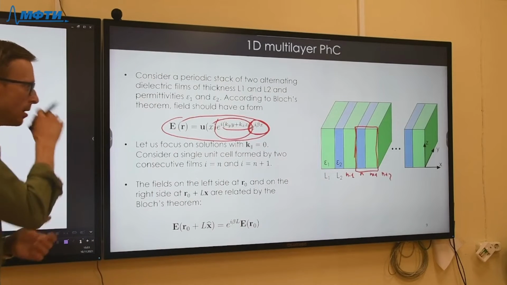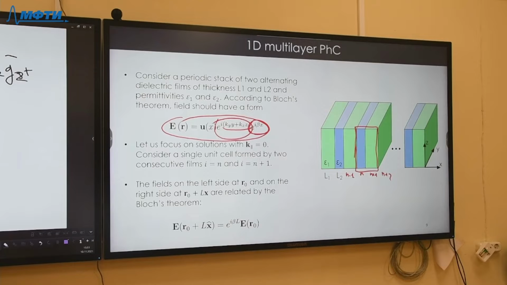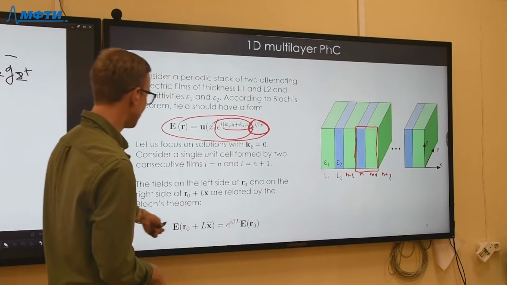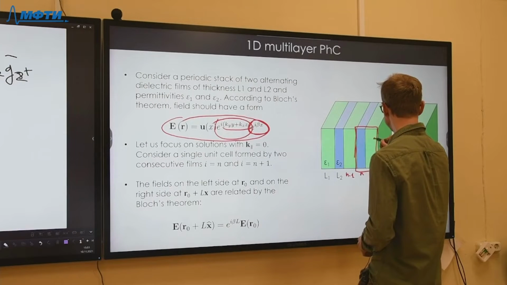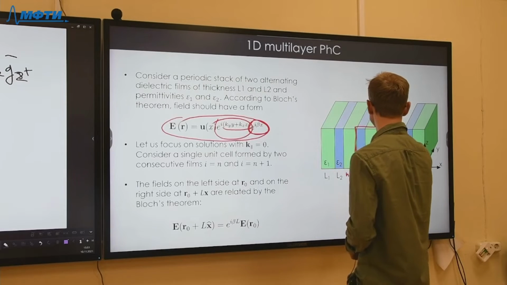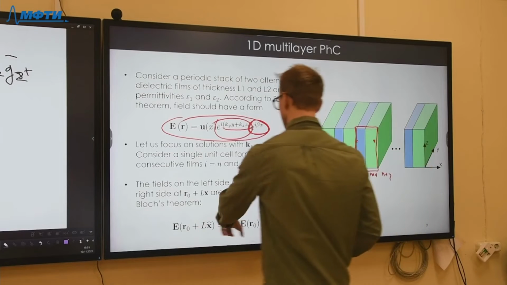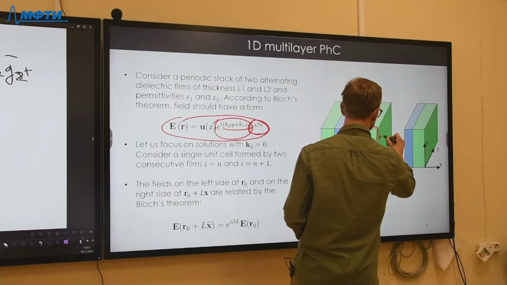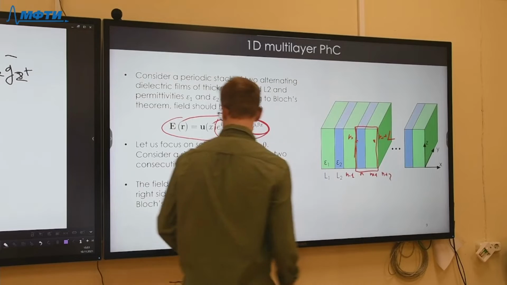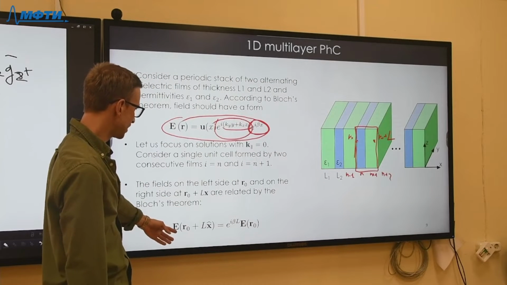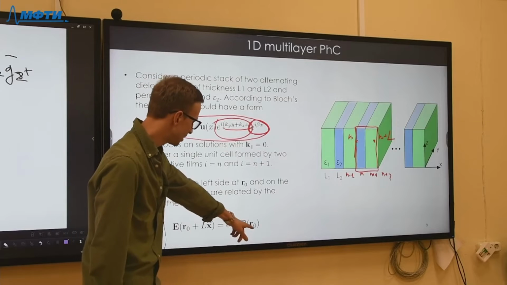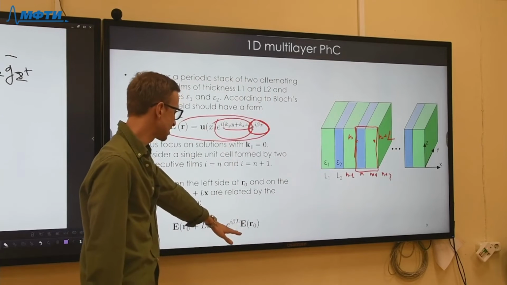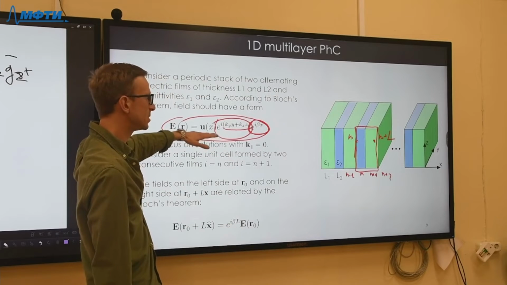Okay. So now we chose a unit cell, and we can directly apply the Bloch theorem to this unit cell. The Bloch theorem tells us that the field at this edge of the unit cell, so this is our R0, and this is R0 plus L, the electric field at that point is the electric field at the previous point times the Bloch factor, because this U is periodic, it doesn't change.